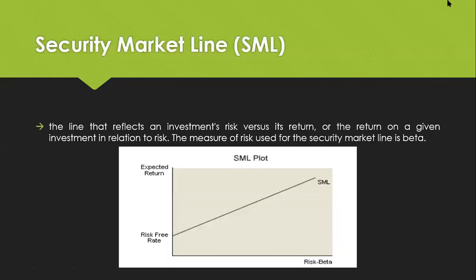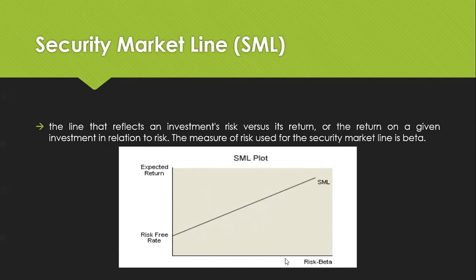Now, here we have the security market line. The security market line tells us an investment's risk versus its return. The x-axis represents risk as measured by its beta coefficient, and on the y-axis we have the expected return.